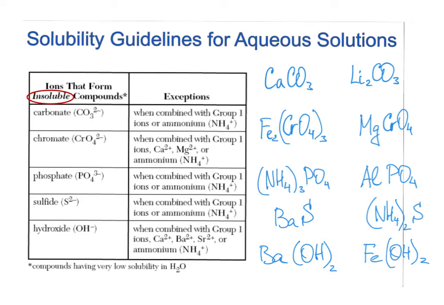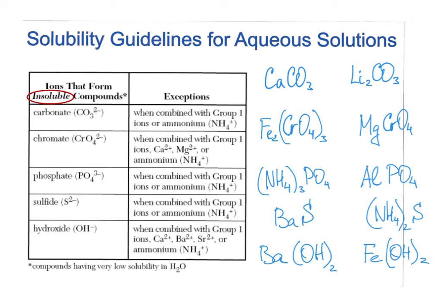Okay, here I wrote two examples that contain each of those ions that we're talking about. So here are a couple of carbonates, and the majority of carbonates form insoluble compounds. So the moment we see carbonate in any compound, we assume that it's insoluble.